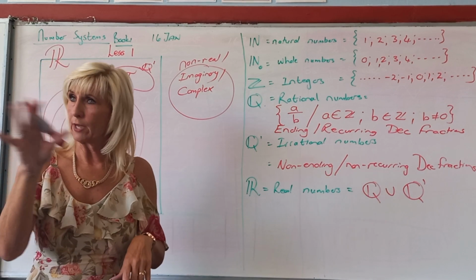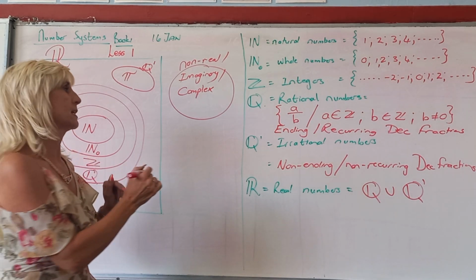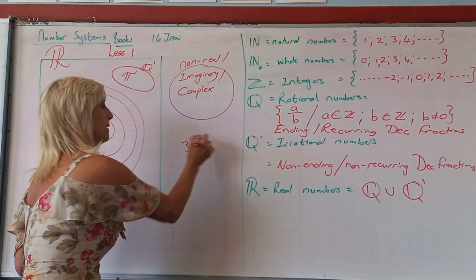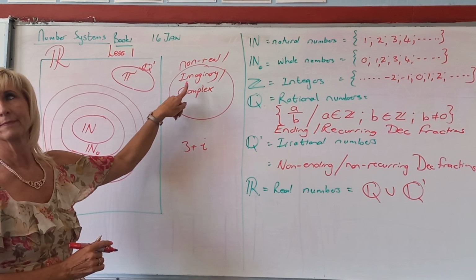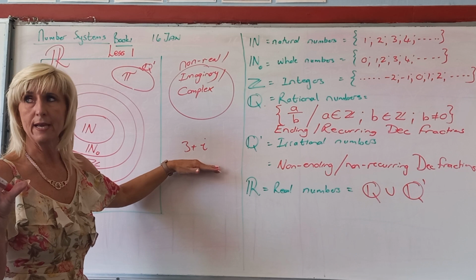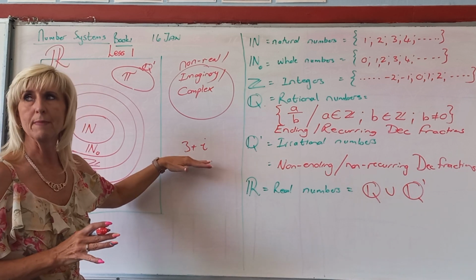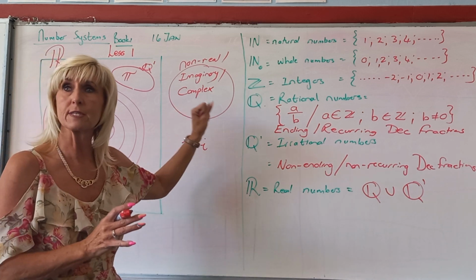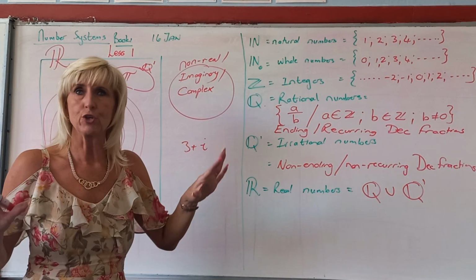Once you get your new calculator that I want you to get, you'll see sometimes you'll get an answer like 3 plus i. What do you think the i stands for? Okay. So your new calculator can handle that, but you're not going to work with it anyway. But that is the imaginary number system. There are such number systems, we just don't use them.